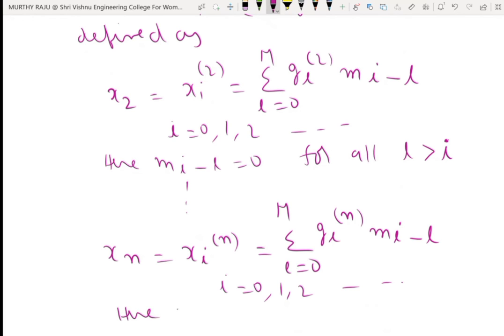Here again, m of i minus L is equal to 0 for all L greater than i.